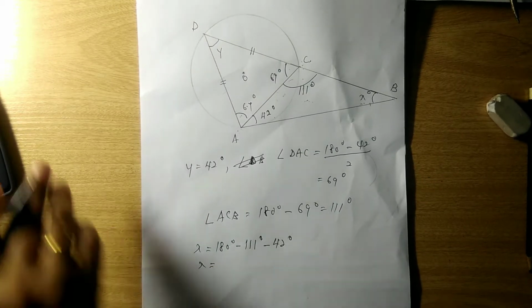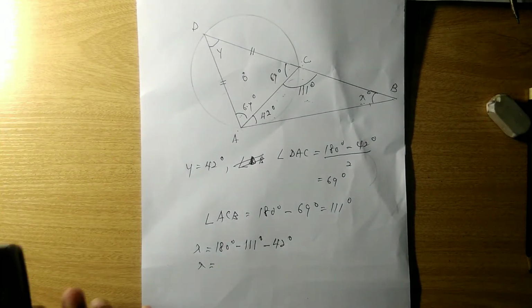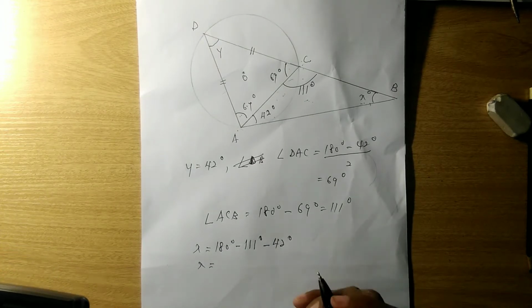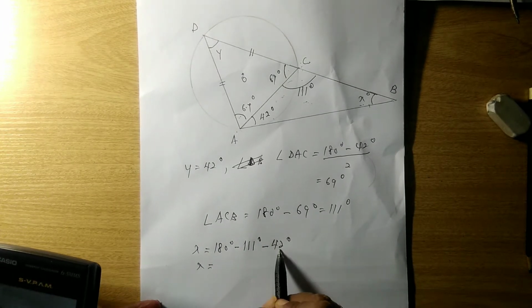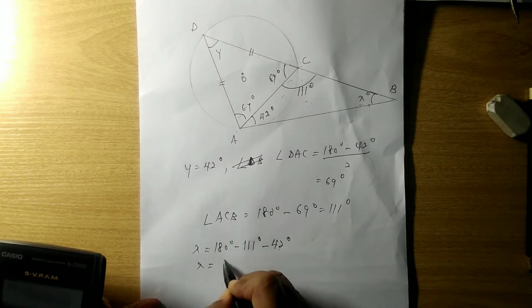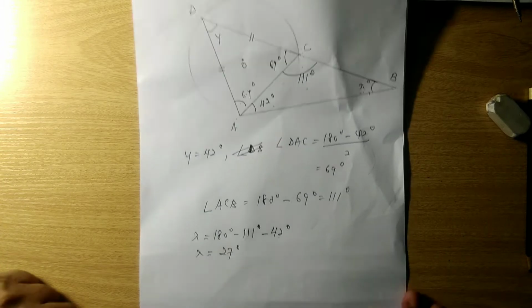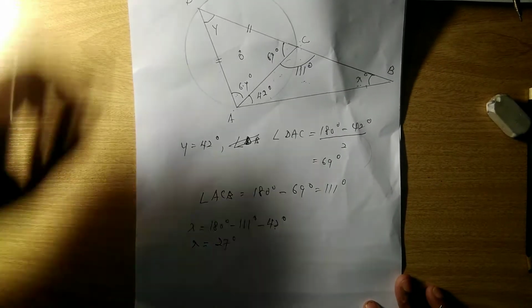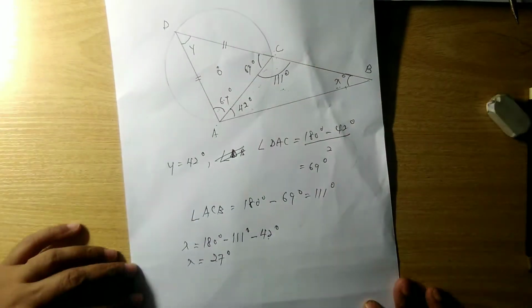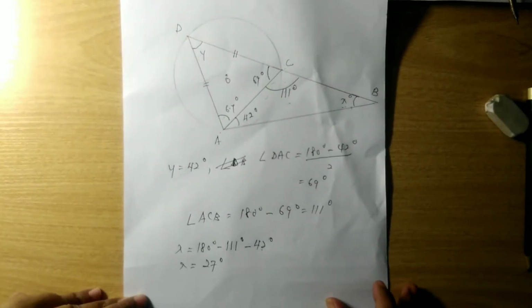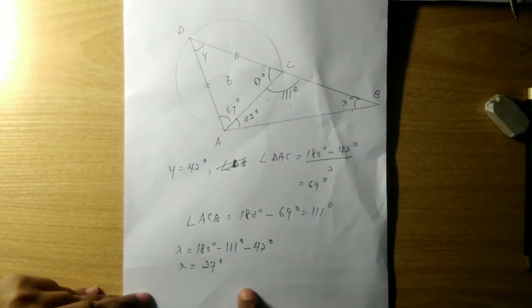So x will become 27 degrees. That's the value of x. This concept uses what we saw just now, tangent of a circle, the third concept.